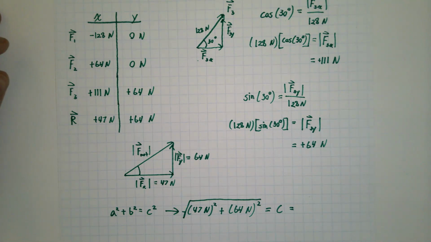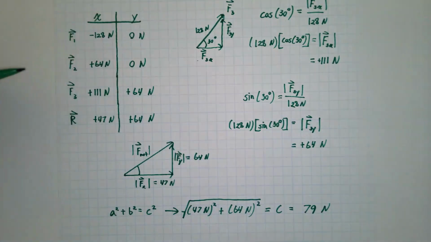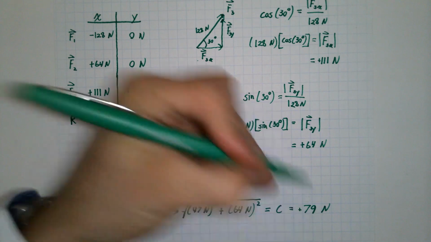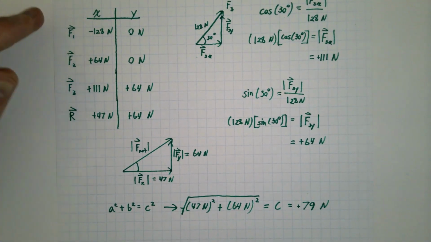The square of 47 plus the square of 64 and the square root of that sum is 79.4. We'll hold on to only two significant figures here. So 79 newtons. That is the magnitude of this force. So we found the magnitude of the net force.